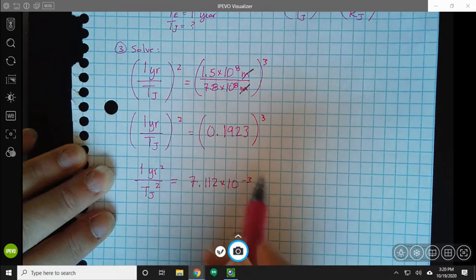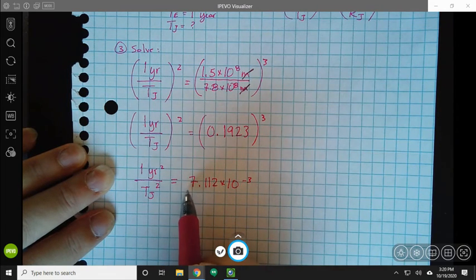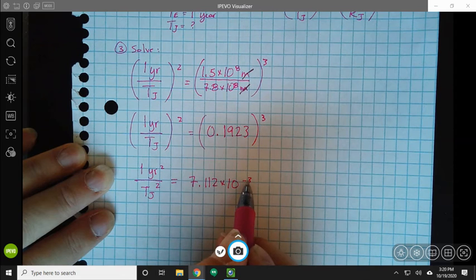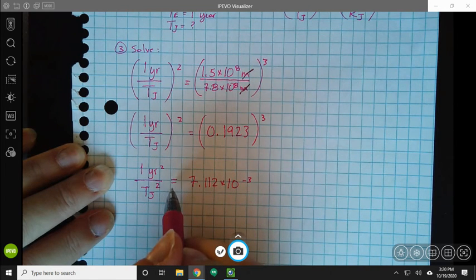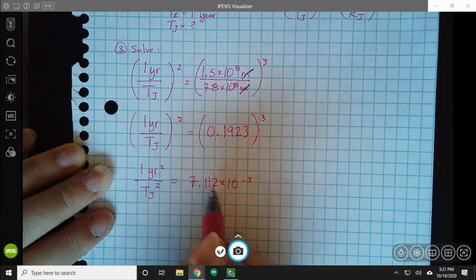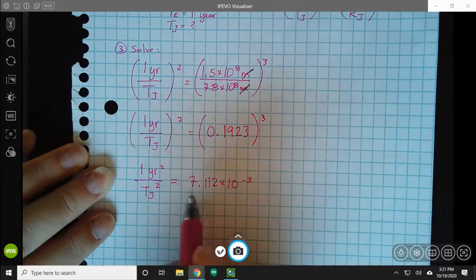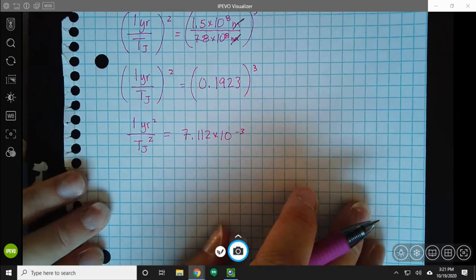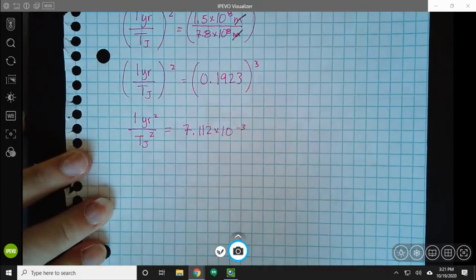So it really would give me 0.007112, but I want to write it in scientific notation. So I'm going to move that decimal place over 3 spots, and that's where I get the negative 3, because it's 0.007112. Move the decimal place over: 7.112 times 10 to the negative third. Those are equivalent numbers.